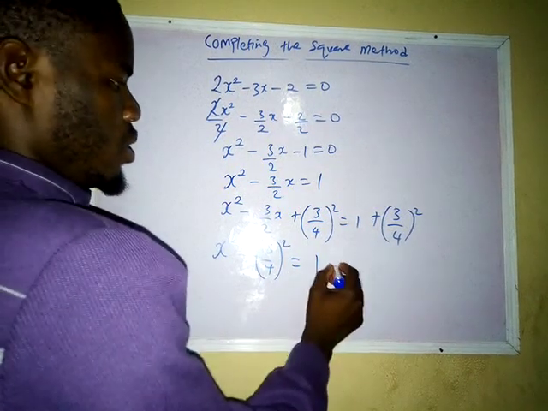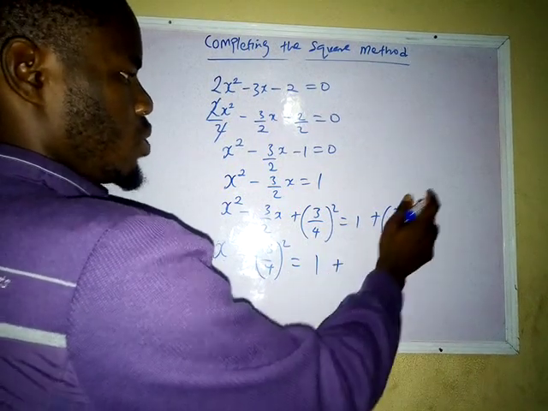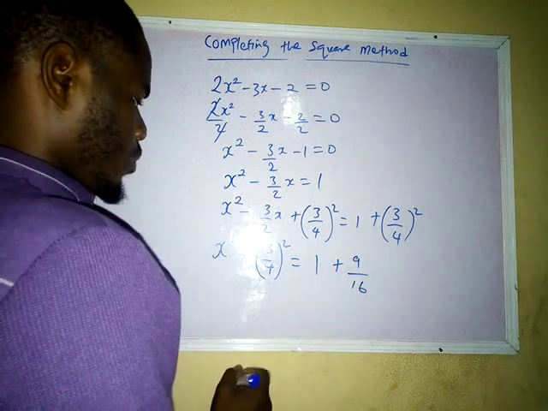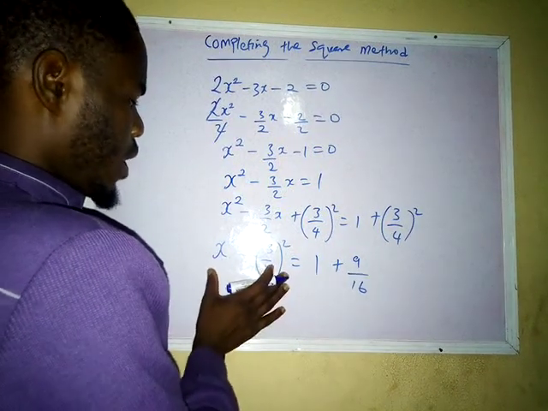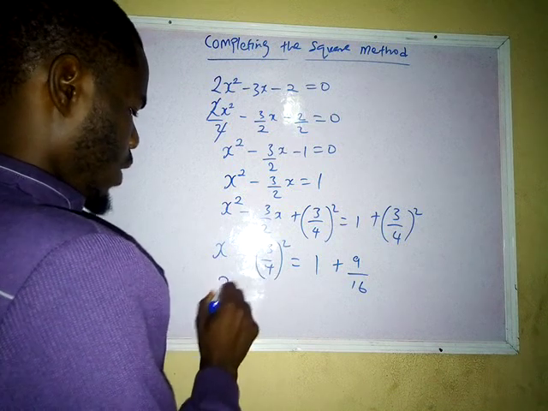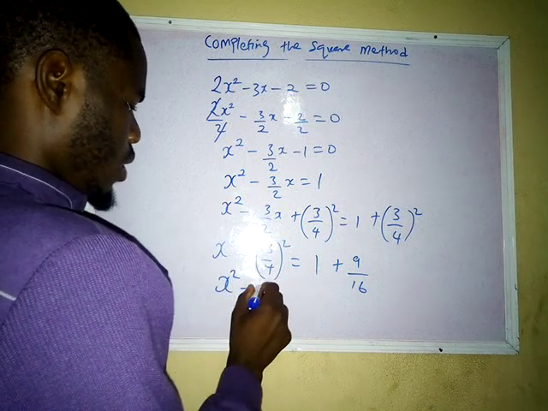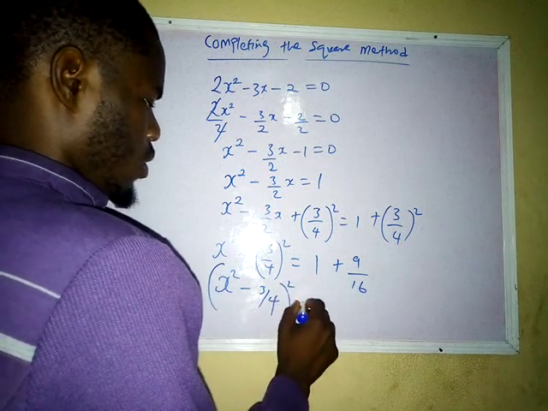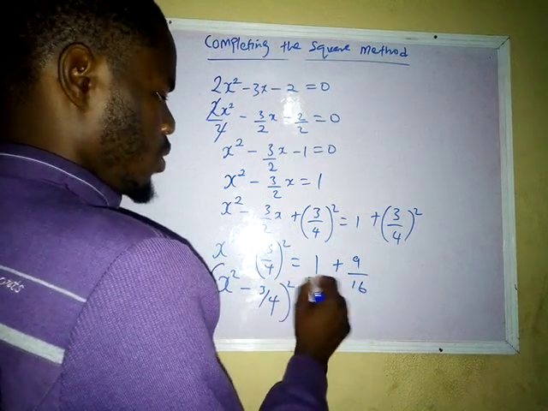Then we expand this: 1 plus 3 squared is 9 and 4 squared is 16. We can represent this in a single power by writing x minus 3 all over 4 all squared is equal to, then this we are going to simplify.